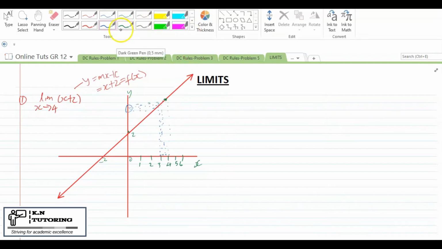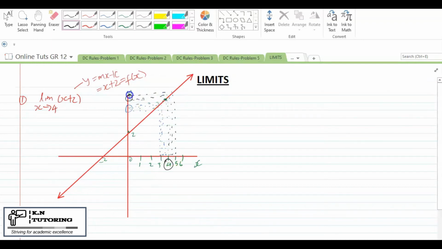Now I will look at the other direction. If I approach 4, remember this is what I want to look at, from the right hand side, so let's say I start from 5, I go 4.9 and so on, I get corresponding y values. Again here I get corresponding y values.